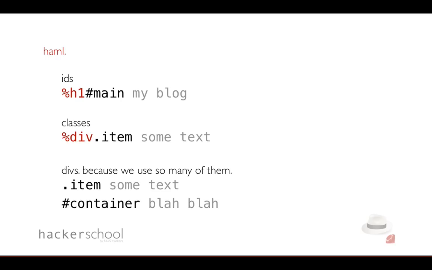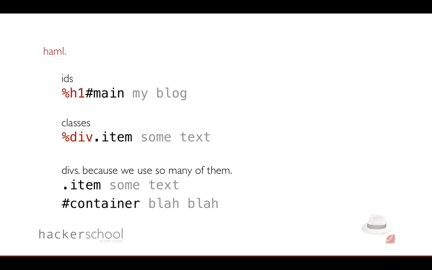For IDs and classes, because they are so common, we don't want to pass in a Ruby hash every time. Instead, we use a pound symbol and a dot like CSS selectors to indicate the ID and class. So this is super convenient, right? H1 pound main becomes h1 with the ID of main, and then inside we have my block.